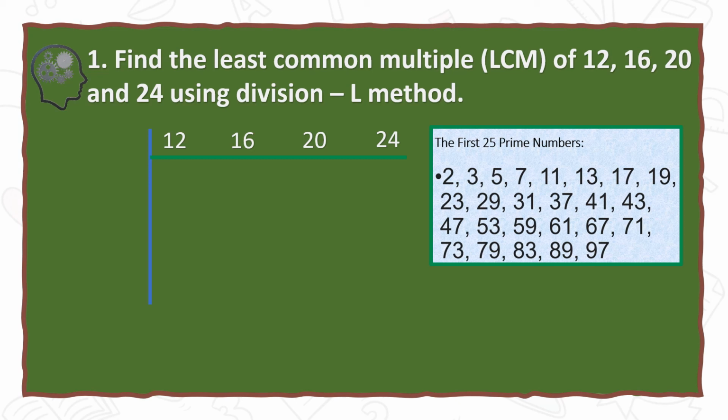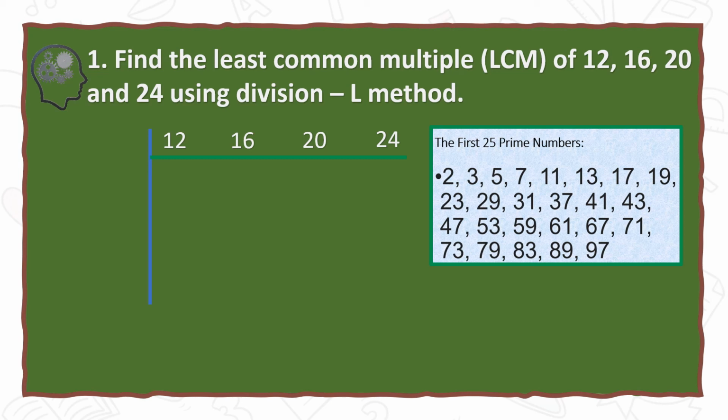Take note that we will use prime numbers as divisors. What's a divisor, by the way? Example, 12 divided by 2 is 6. 2 is the divisor. 12 is the dividend and 6 is the quotient.